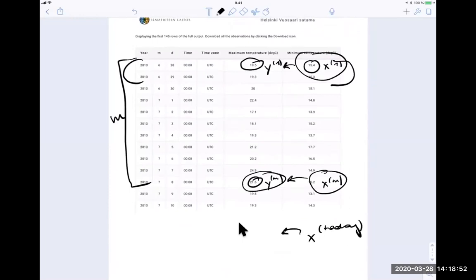But for today, we don't know the true label for today, so we can only get a prediction for today. However, we can try out different predictors by looking at how good they would have predicted the maximum temperature for previous days.